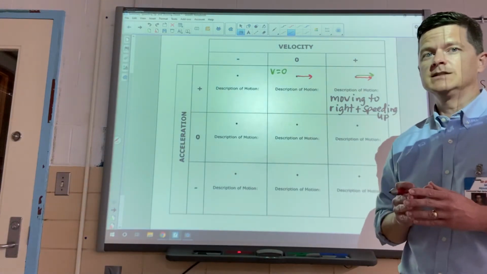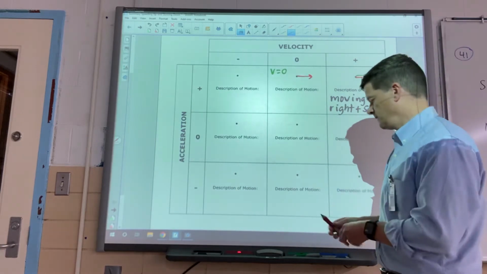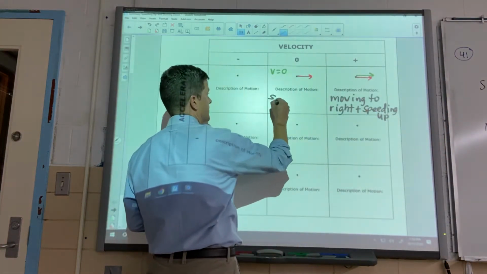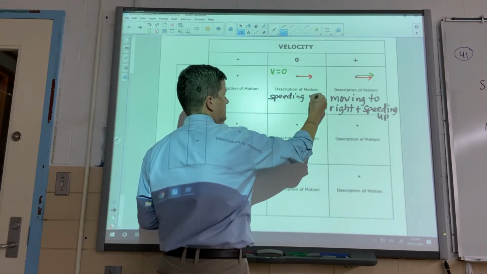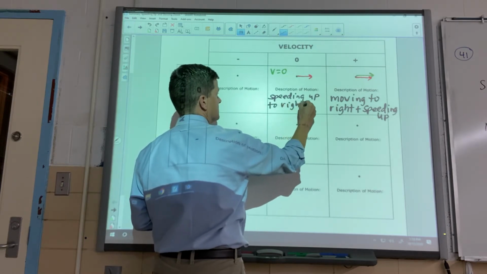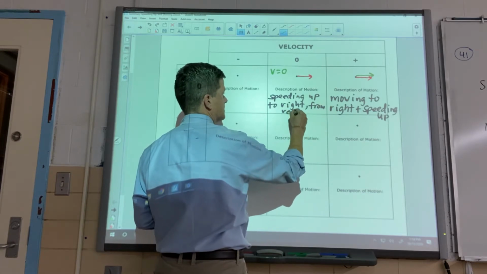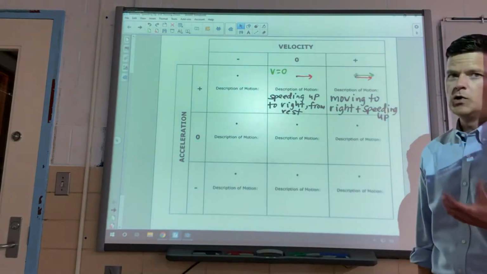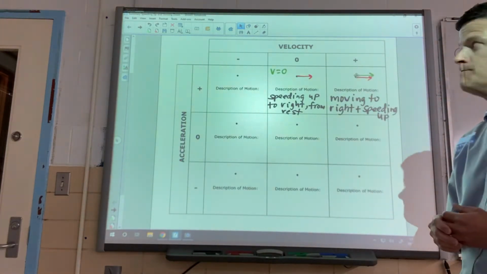The very next instant in time, there would be a tiny velocity vector there. So I'll describe it as speeding up to the right from rest. And again, that only captures one moment in time. The very next instant in time, you would have some velocity.